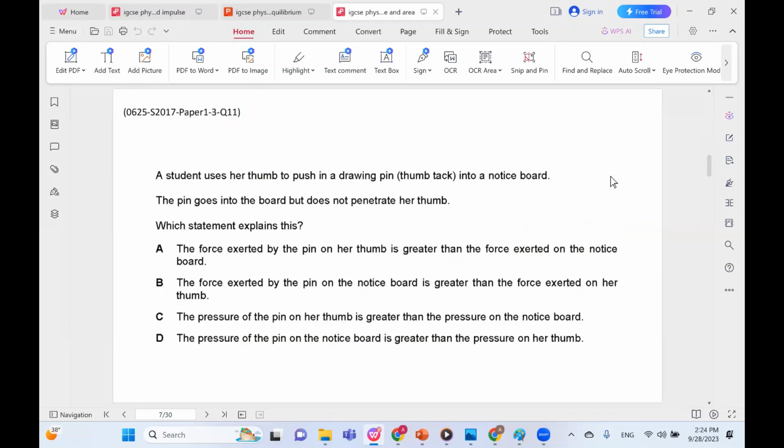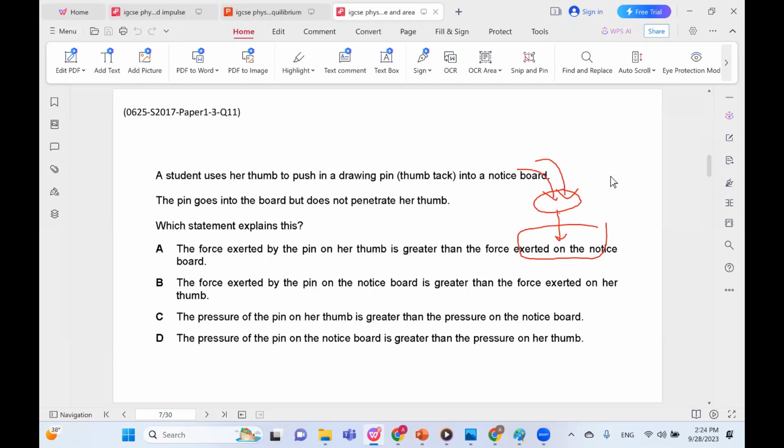A student uses her thumb to push in a drawing pin, thumbtack, into a notice board. The pin goes into the board but does not penetrate her thumb. So I have a pin that looks like this. And a student is pushing from this end, obviously, into some sort of board. And we are asked why the pin penetrates the board but does not penetrate the skin of the student's thumb.